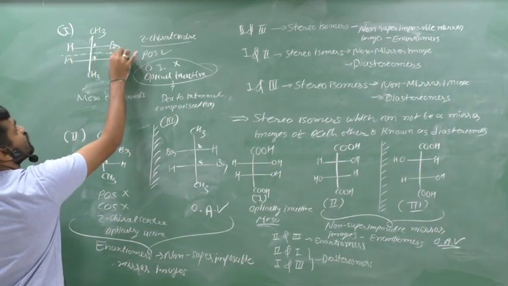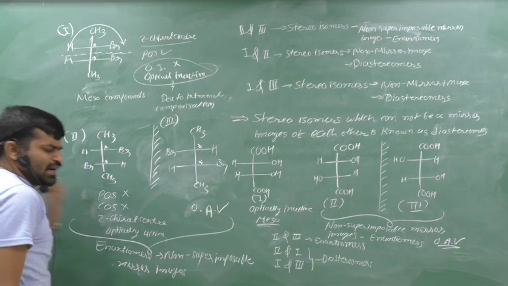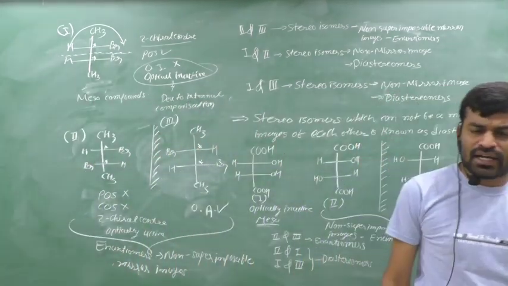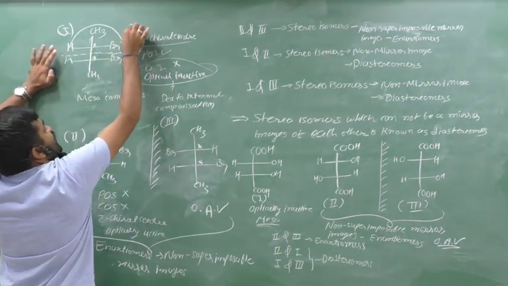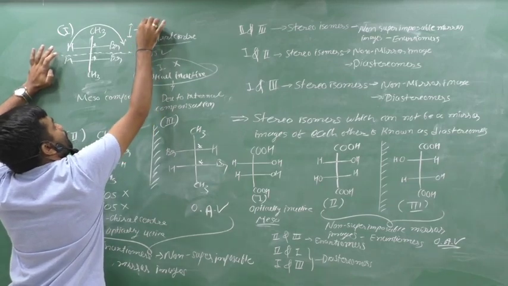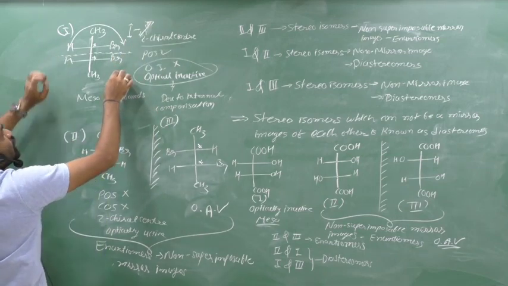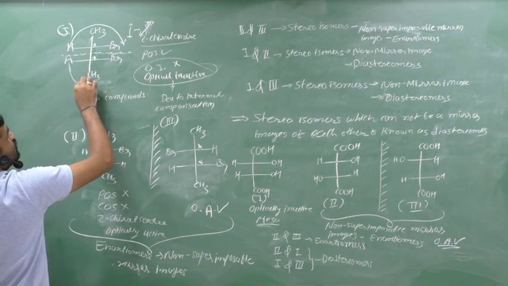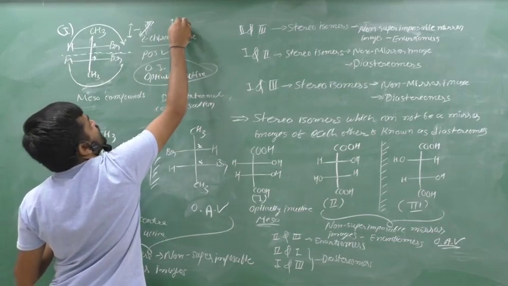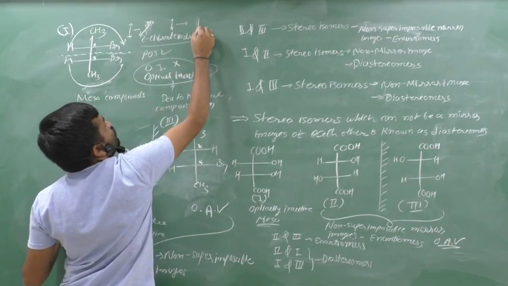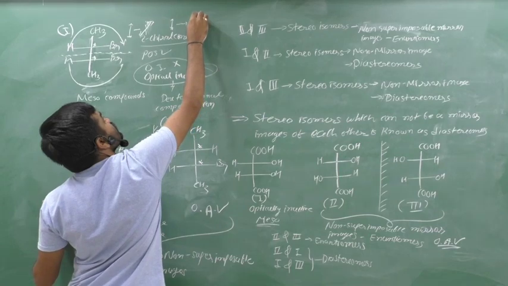Suppose this upper part rotates the plane polarized light to the right side through a value theta. Then this lower part rotates the plane polarized light in the opposite direction, to the left side, by the same value theta.